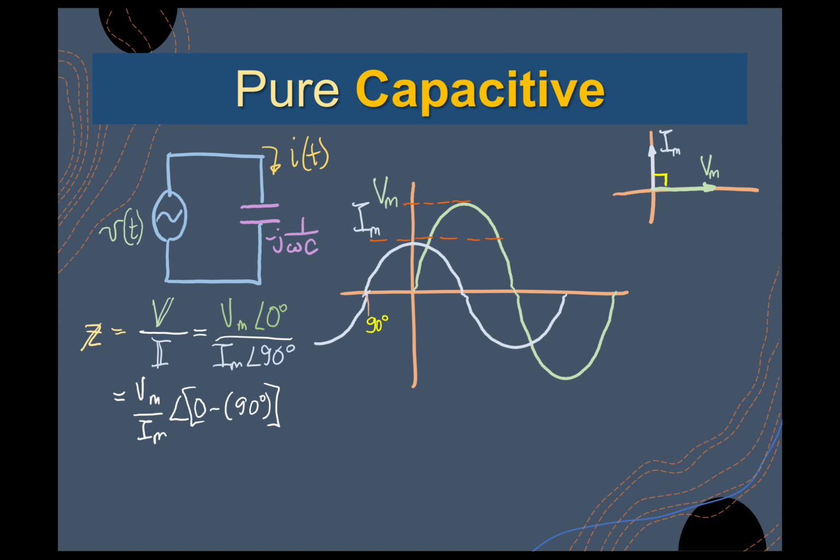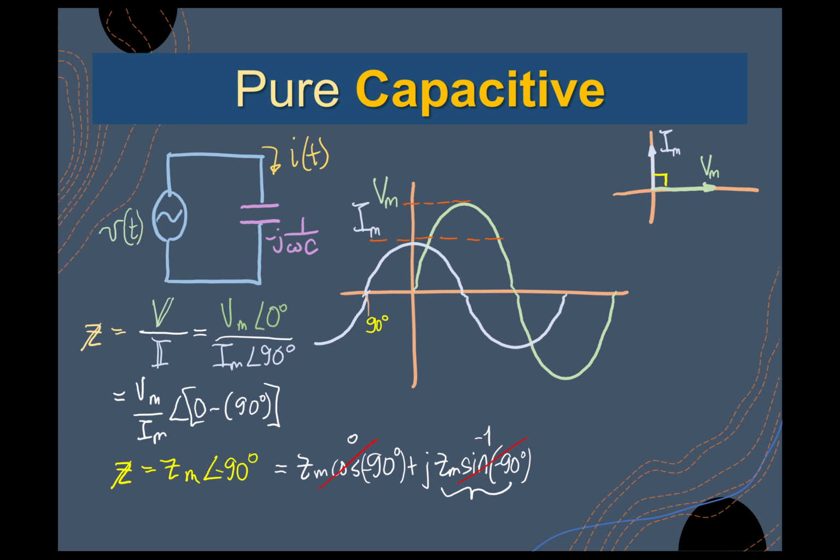If you perform the basic complex number operation, division in this case, we have this polar form equivalent. Then we have Zm, the magnitude of your impedance, which is equivalent to the quotient of Vm over Im, or the magnitude of voltage over the magnitude of current. Then the angle is negative 90 degrees.